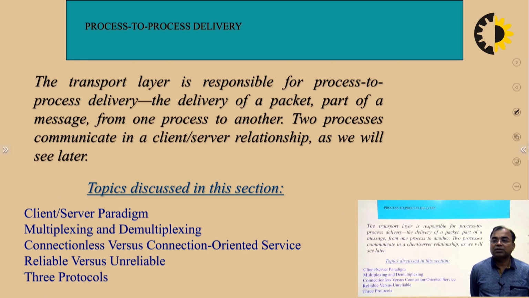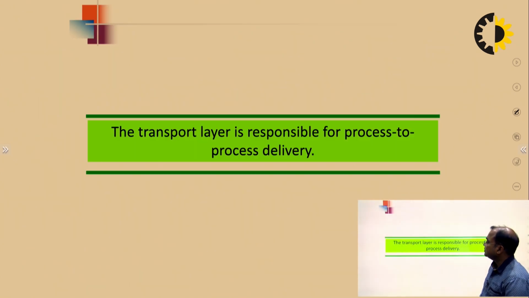Likewise, the Instagram process on my computer connected with the Instagram server is a process to process delivery, and it can also be a client server architecture. So the transport layer is responsible for process to process delivery of the data.